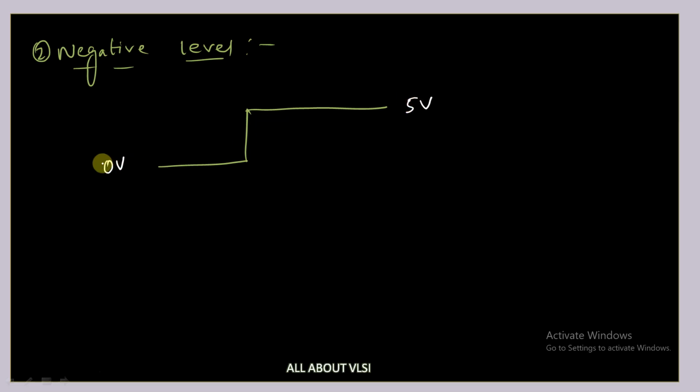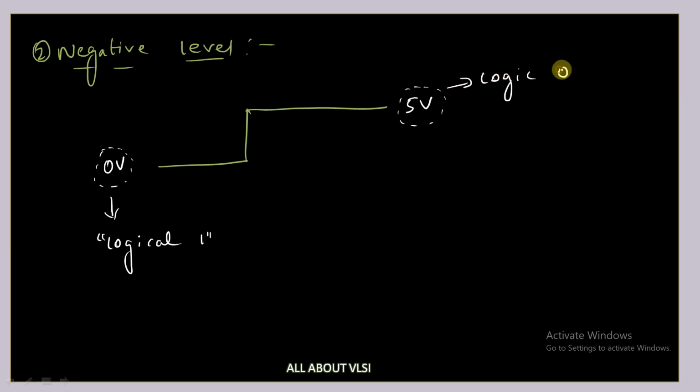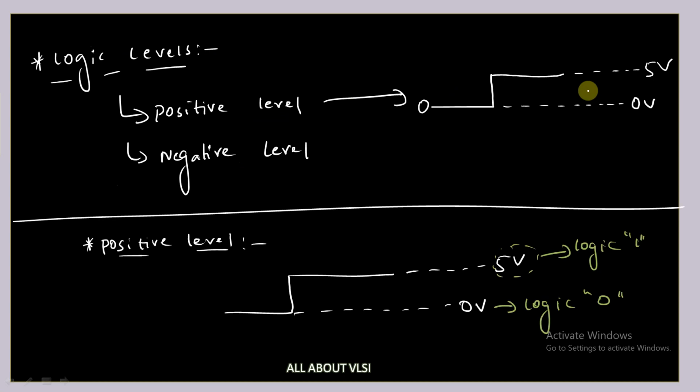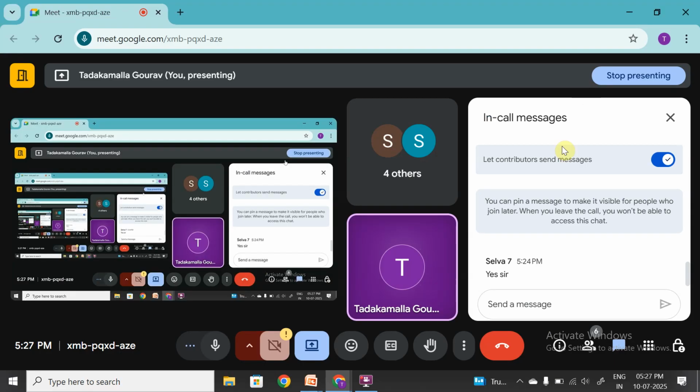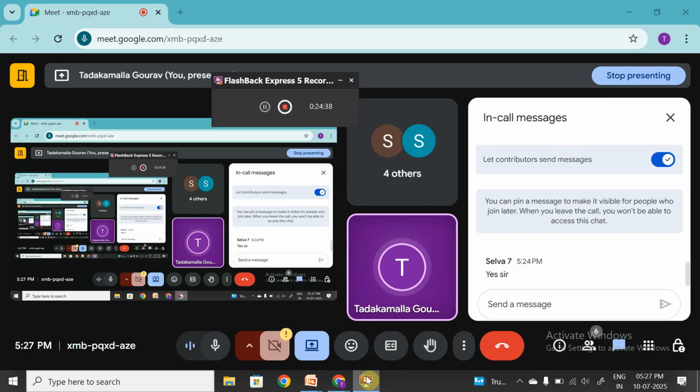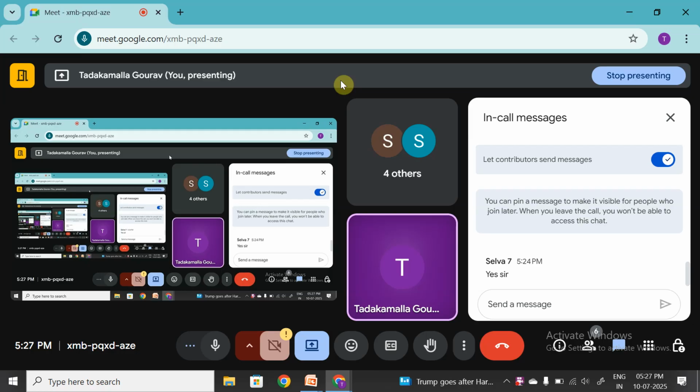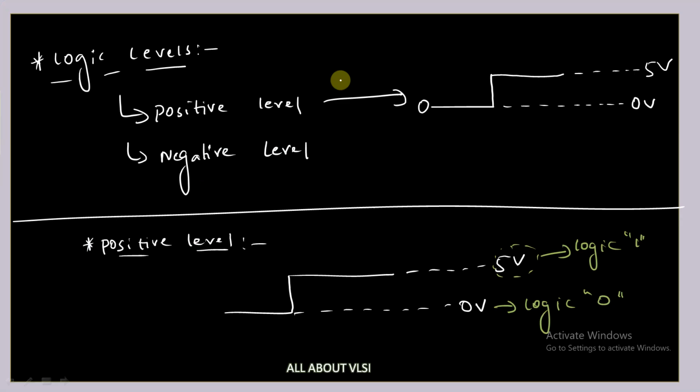Now you are representing your lower voltage with logic 1 and your higher voltage with logic 0. So this is nothing but your negative level. This is the difference between your positive level and negative level. Is this clear for everyone? Any doubts or any queries?